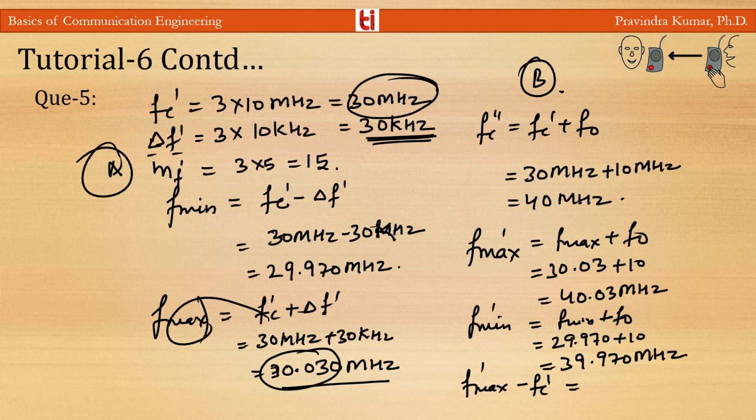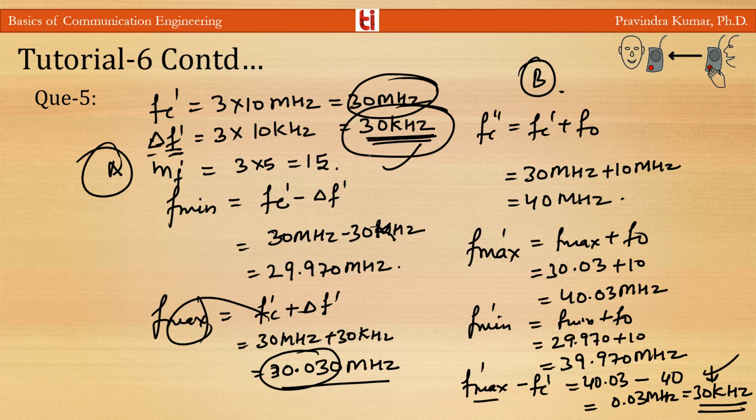And at point B, the frequency deviation will be F max dash minus Fc double dash, and it will be equal to 40.03 megahertz minus 40 megahertz, so this is 0.03 megahertz, or you can say it is 30 kilohertz. So at point B, the frequency deviation is 30 kilohertz, corresponding to the frequency deviation at point A, which is 30 kilohertz.